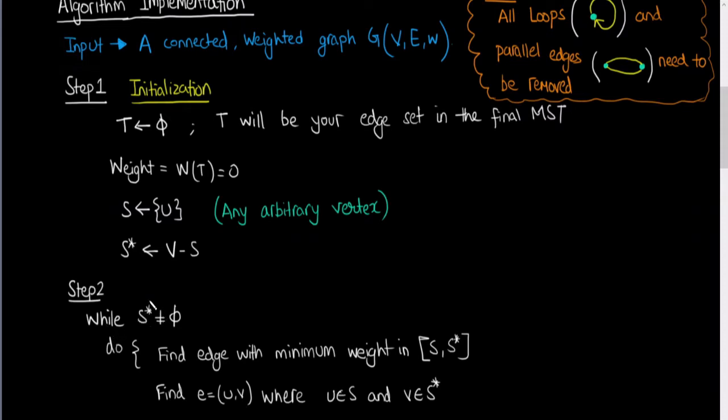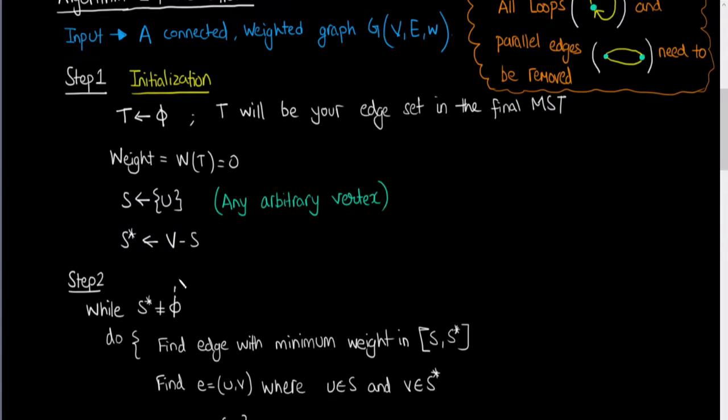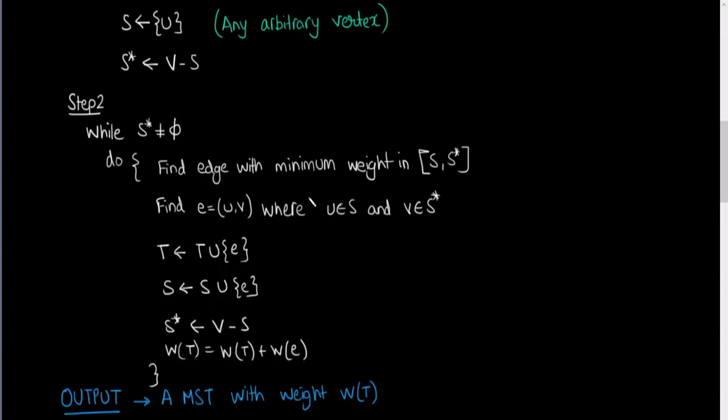Step 2 is: while S star is not equal to the null set, do the following steps. First we find the edge with minimum weight in S comma S star. This notation means the set of all edges (U, V) such that U belongs to S and V belongs to S star.